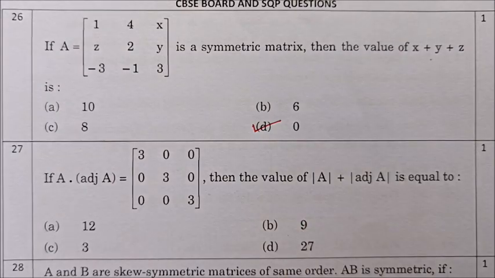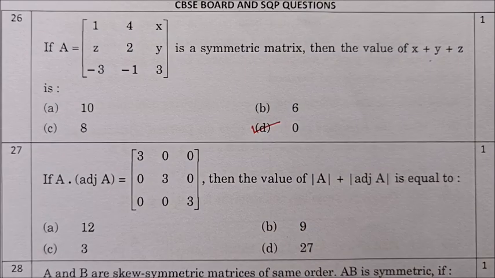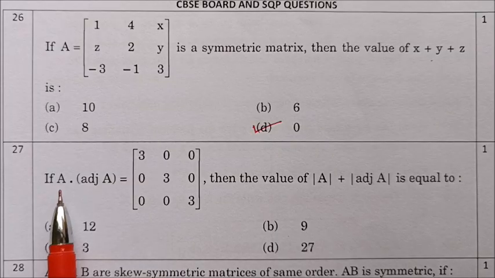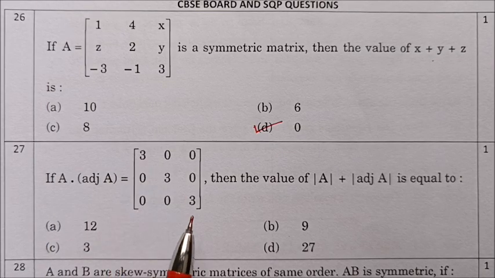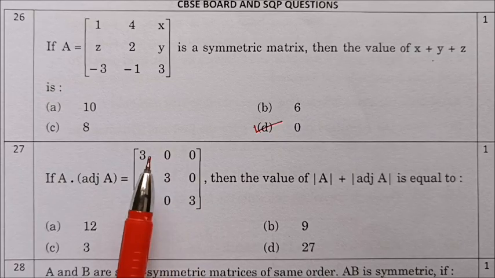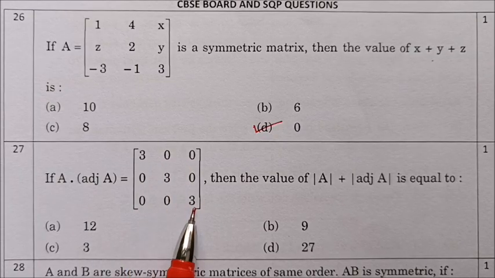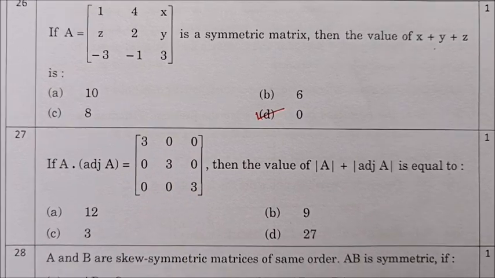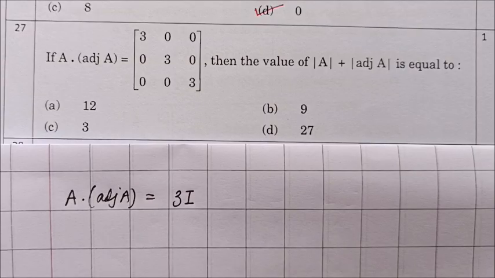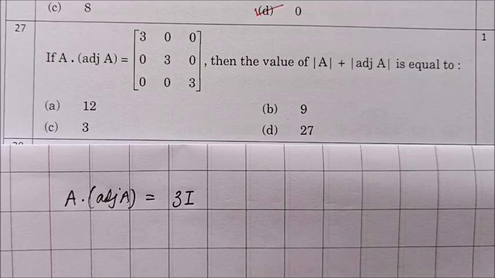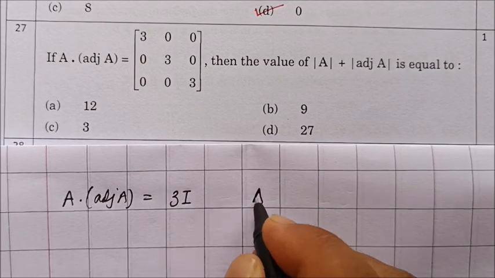Question number 27. In this question, they have taken the product of A with adjoint of A, and it is coming out to be this matrix 3 0 0, 0 3 0, 0 0 3. So if you look carefully, this matrix is 3I, right? Also, we have a theorem from our textbook.